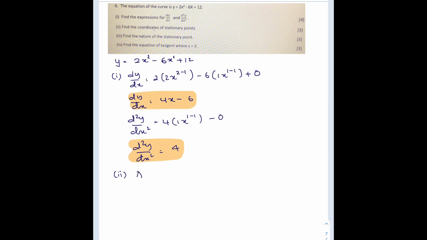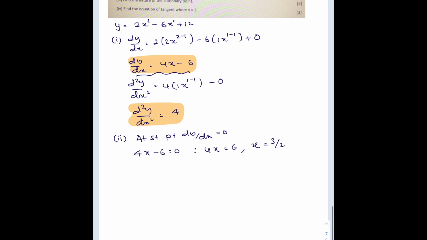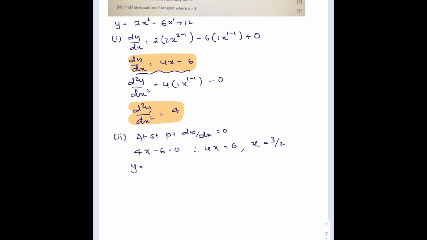Find the coordinates of the stationary point. At the stationary point dy over dx is 0. So 4x minus 6 is 0. So 4x is 6, x is 3 over 2. Find the coordinates, that means I need the y coordinate also. So y is, I substitute the value of x in the original equation.